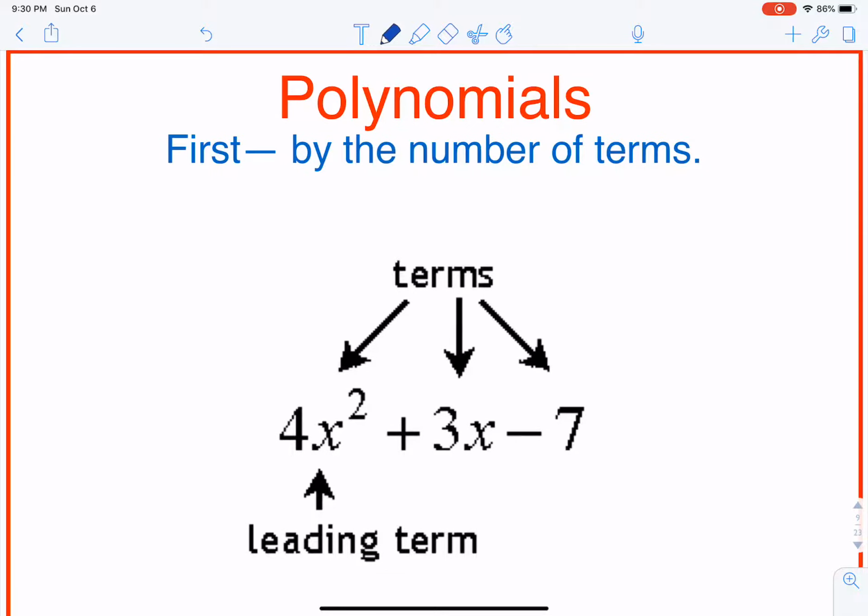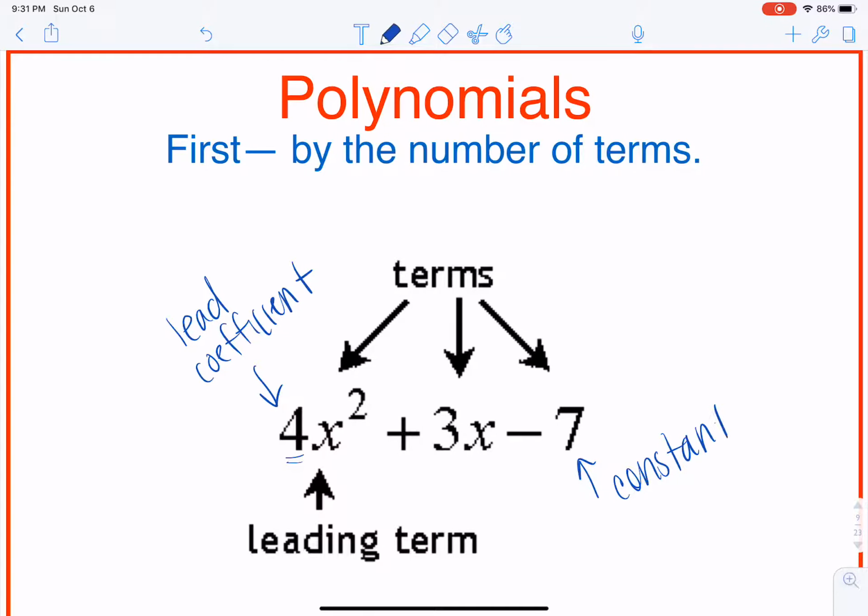We have a leading term, and with my leading term, I have a lead coefficient. So here I have a lead coefficient. I have a constant term. So the constant is the term that is not paired with a variable.